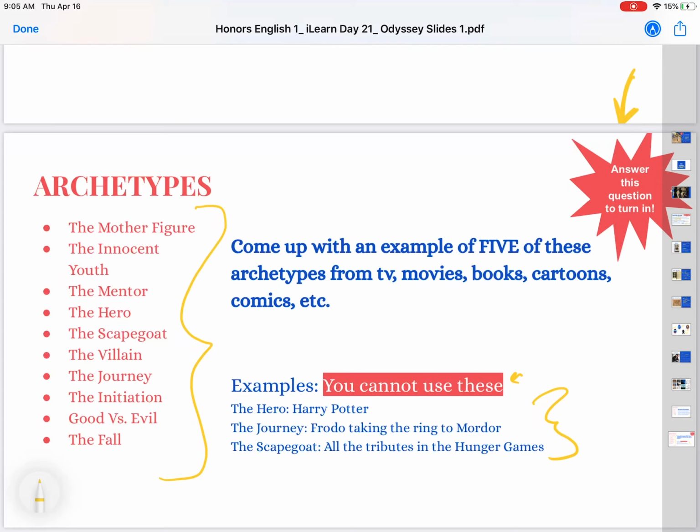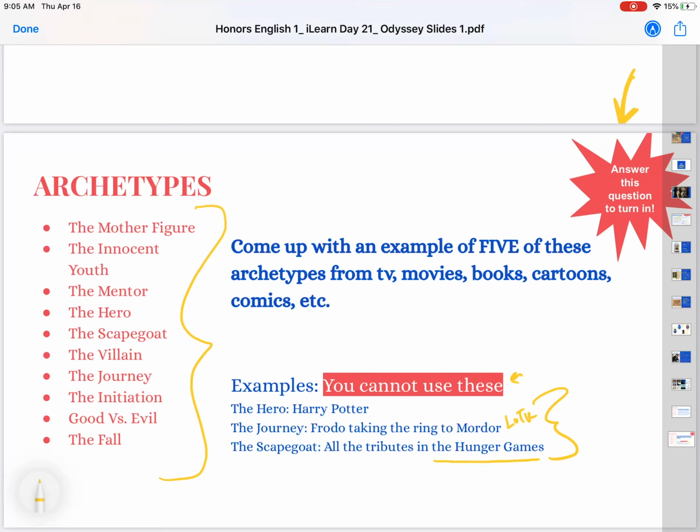Okay, the journey. That's a situational archetype. Frodo takes the ring to Mordor in Lord of the Rings. The scapegoat. We didn't really talk about that one, but the scapegoat is a character that, whenever things go bad, has to face the consequences.